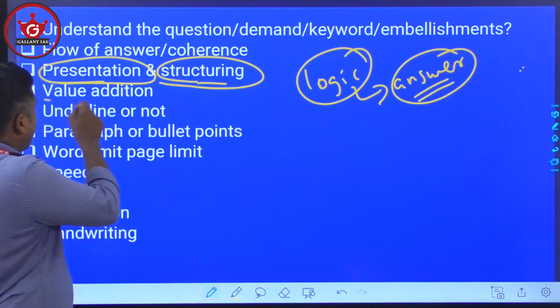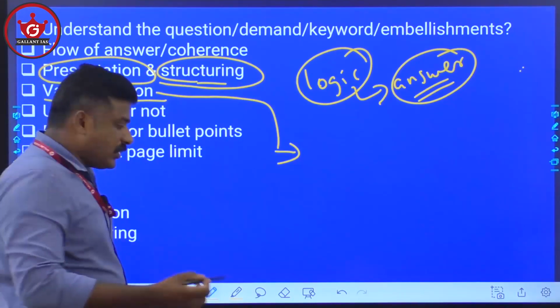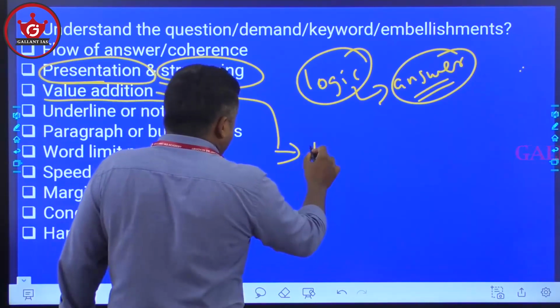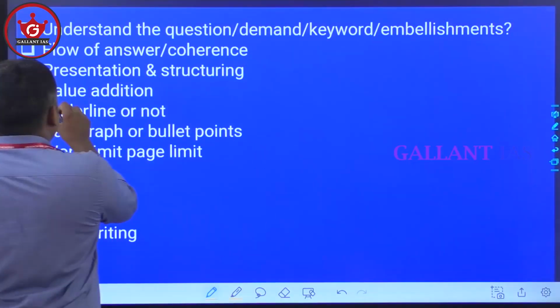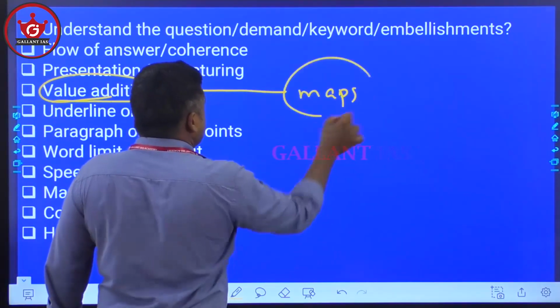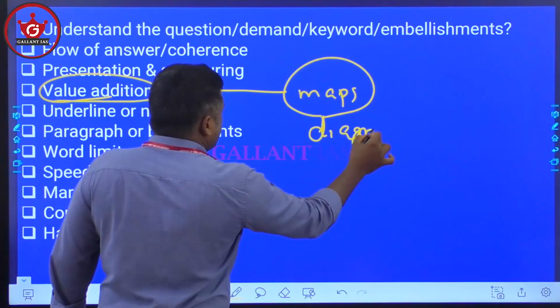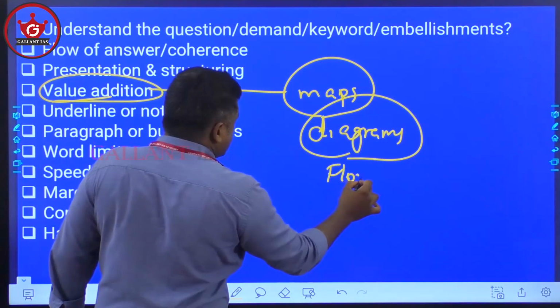Then value addition. The question is whether you must have value addition in your answer writing. Yes, you can have value additions with pie diagrams. You can have diagrams, you can use maps, or you can use flow charts.